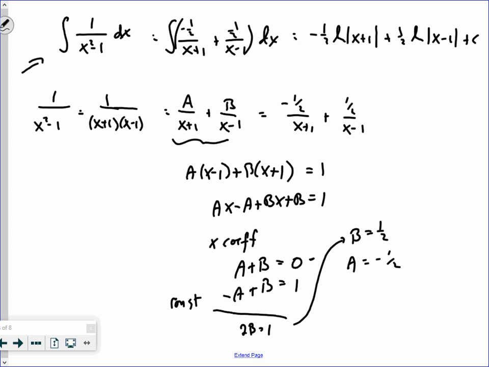Okay, so let's do one that's a little bit more complicated. I'm just doing this off the top of my head, so it may turn out to be a big mess.